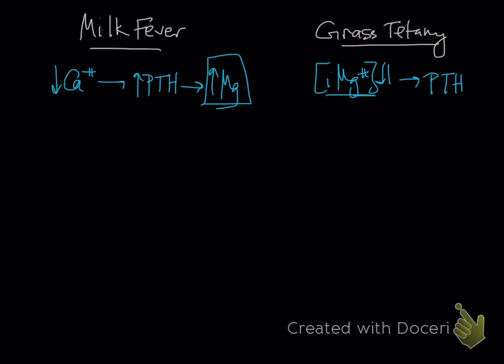And so this low magnesium, though, makes your PTH gland not work. And so you also become hypocalcemic. So in grass tetany, you have a decrease in calcium and a decrease in magnesium, whereas in milk fever, you have a decrease in calcium but an increase in magnesium.